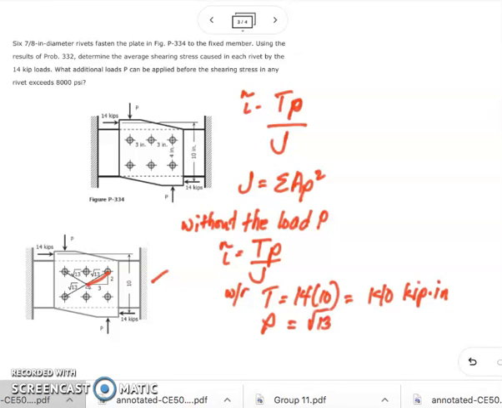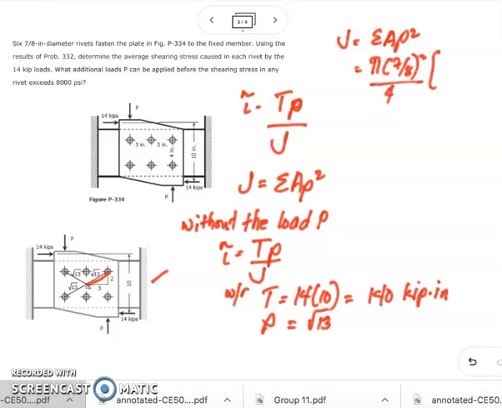Now our J is equal to the summation of area times rho squared. The bolt has a diameter of 7/8. So this would be pi times (7/8) squared, all over 4, times the distance of the bolt towards the center of gravity of the plate.